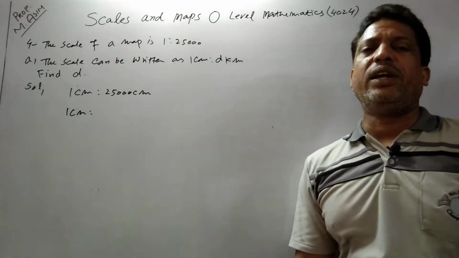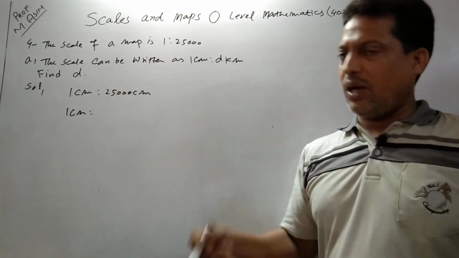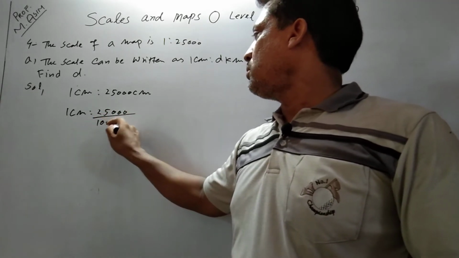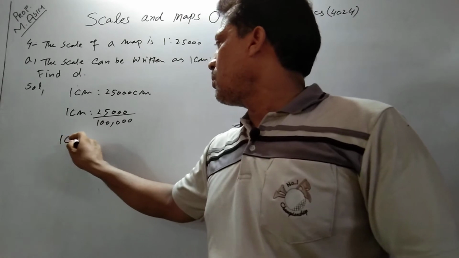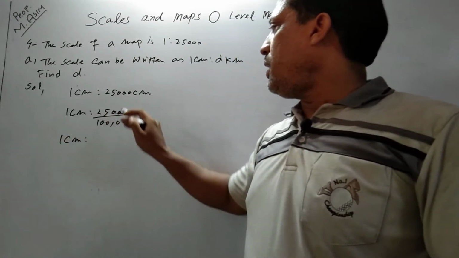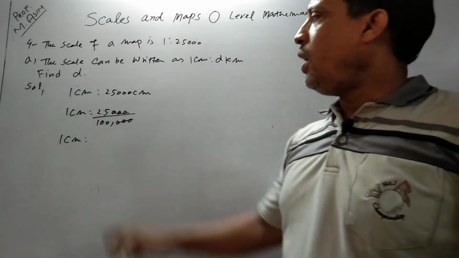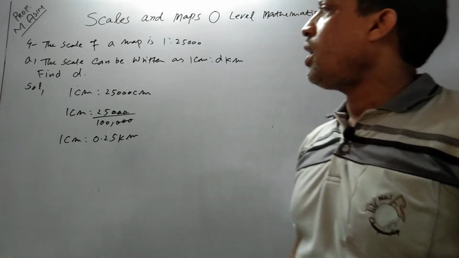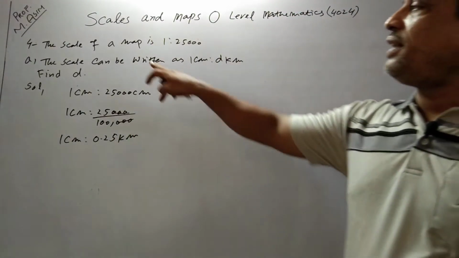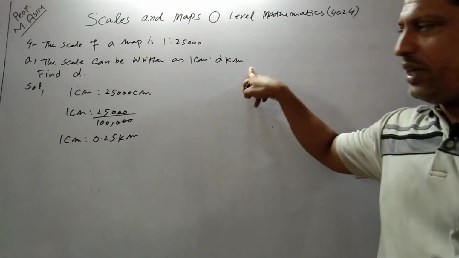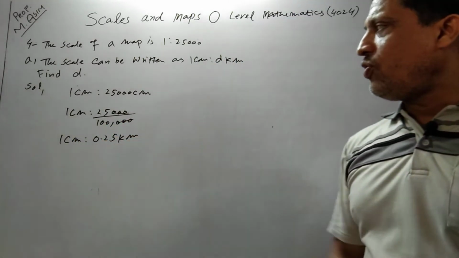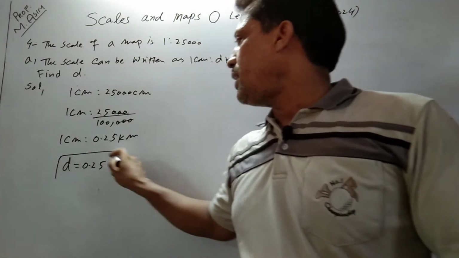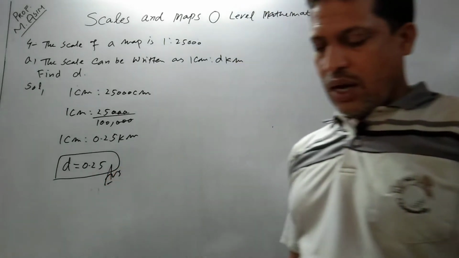When we convert centimeter into kilometer, we just divide by 100,000. The zeros cancel, and 2500 over 10 is just 0.25 kilometer. The requirement is to write the scale as 1 centimeter to d kilometer. This is 1 centimeter to 0.25 kilometer. Therefore, the value of d is 0.25. This is our final answer. Hope you understand.